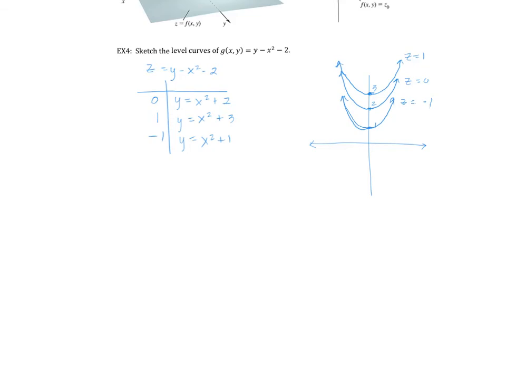But now we're getting closer and closer to our origin. And then if I put in negative 2 for my z value, I get y equal to x squared. And that's how you graph your level curves. All you do is take your equation and you replace your z value with numbers that are in the range of z.